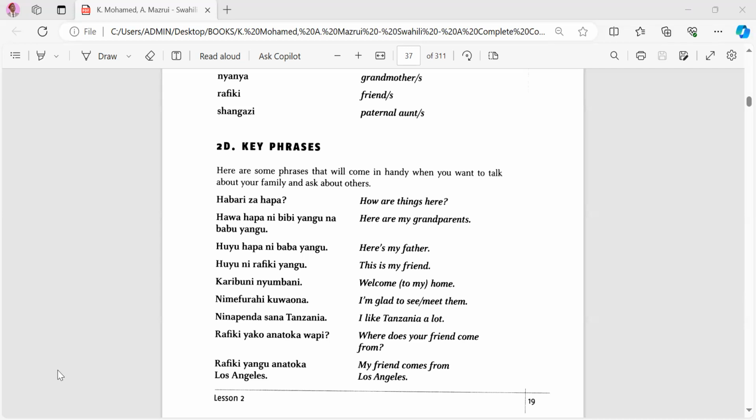So nimefurahi kuwaona means I'm glad to see you. But this person wanted to show in English, with the word meet, that it's plural. Because if you say I'm glad to see you, you cannot easily know whether it's a group of people or an individual. So they decided to put the word meet there.